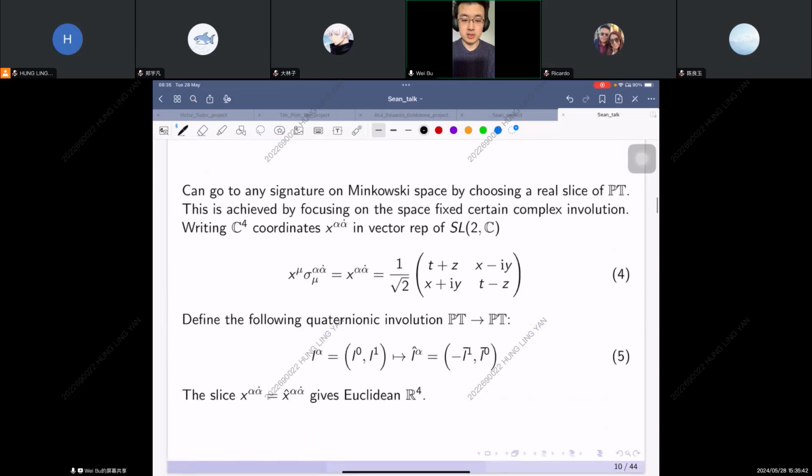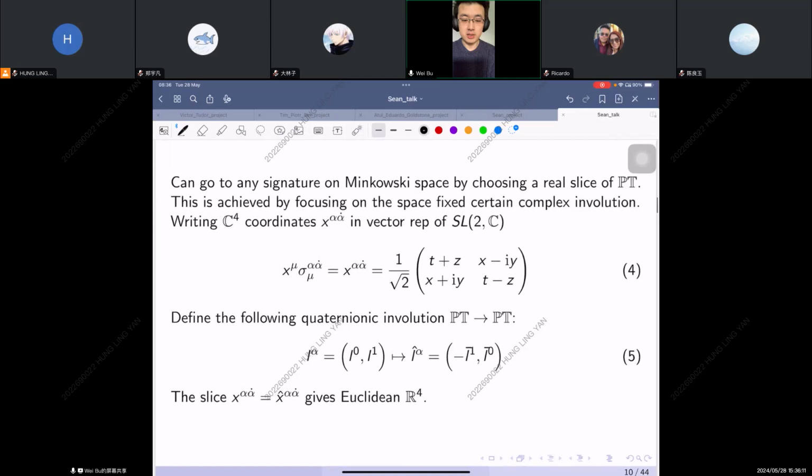And you can define an involution on these coordinates, give it something called x hat. Induced on 2-spinors, this involution is some complex conjugation. And you just enforce x alpha alpha dot equals x hat alpha alpha dot. Then you're on real Euclidean R4. So similarly, you can go to Lorentzian signature (3,1), (2,2), and so on.